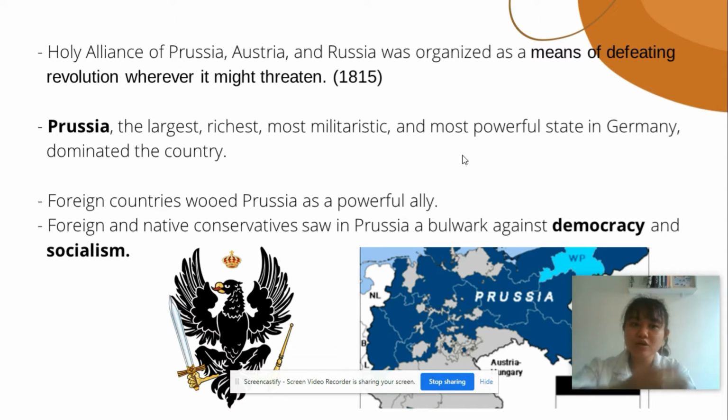Because of these characteristics, other foreign countries saw Prussia as a powerful ally, and conservatives saw in Prussia a bulwark against democracy and socialism.